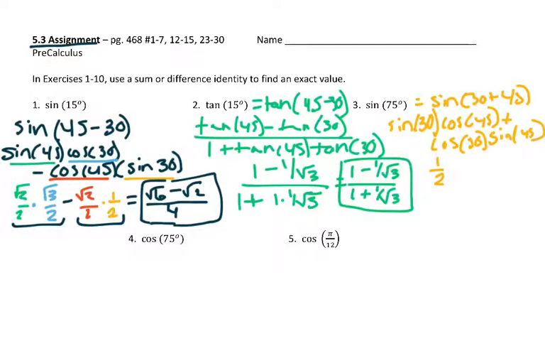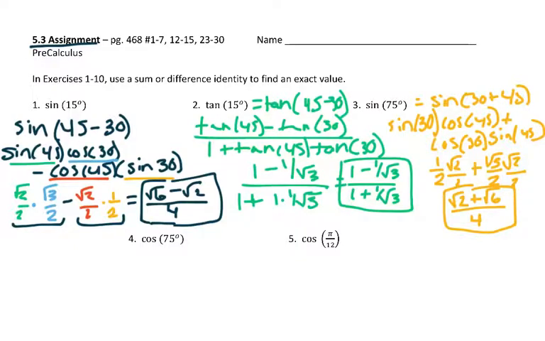Cosine of 45, again, over here is square root of 2 over 2. And to that we're going to add cosine of 30, which is square root of 3 over 2. Again, I'm just referencing this problem over here. And then sine of 45, which was square root of 2 over 2. So this one's simplified now with the common denominator of 4 is square root of 2 plus the square root of 6 over 4.